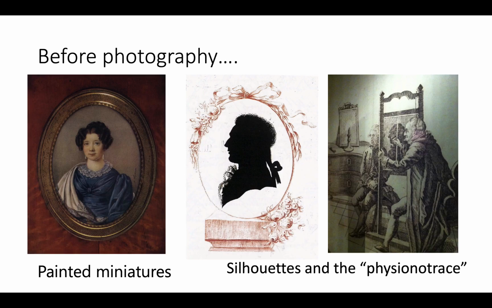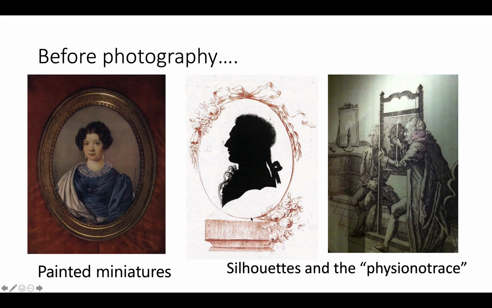One of them was portraits, and there was a big business in painted miniatures. These were still commissioned paintings, but they were very small, and they could be made more quickly and with less material. That's what you see over here on the left, and that was a very common way that somebody with a fair amount of money might get a portrait before photography. There were also some interesting crossovers based not on photography, but on projected images.